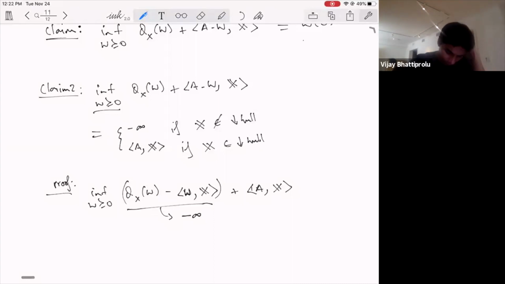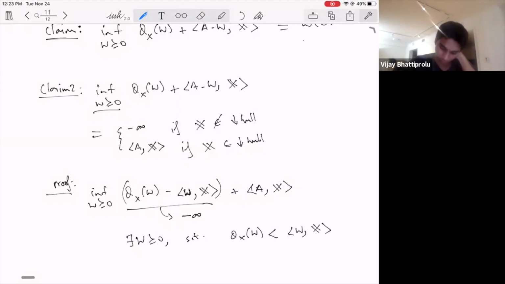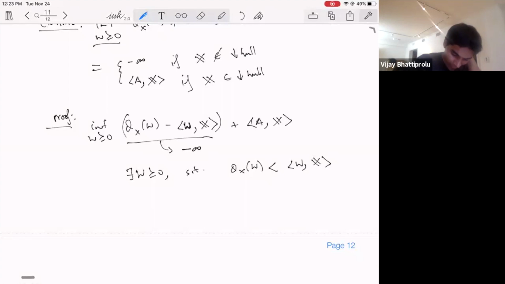So if there exists W such that QX of W is less than W inner product X, then by just scaling W, we are done. We can drive this to negative infinity.